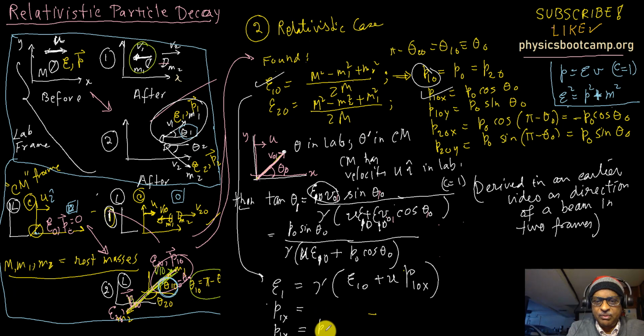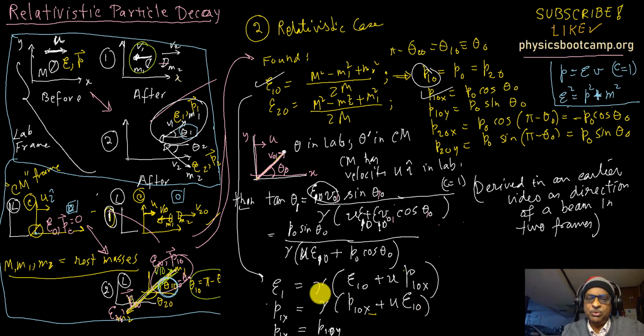It will be P1y equals P10y, but the x one will be gamma times P10x plus u E10. So this is the beauty of using c equals 1. The formulas look identical, okay? And I prefer that when I do relativistic calculations. So we have actually completed this calculation.